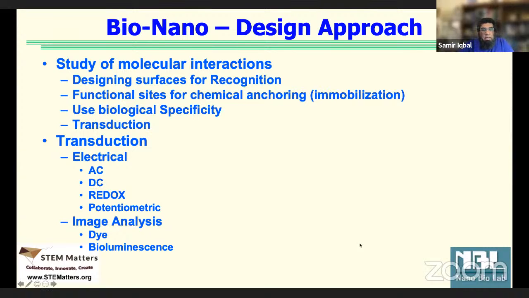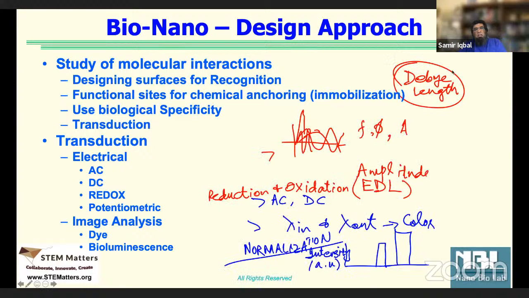So we measure that. Now, in image analysis or colorimetric sensing, many times we are looking at the change in wavelength. We excite them with one wavelength and we are supposed to get another wavelength. If there is a change, that shift in wavelength can be an indicator of our design.